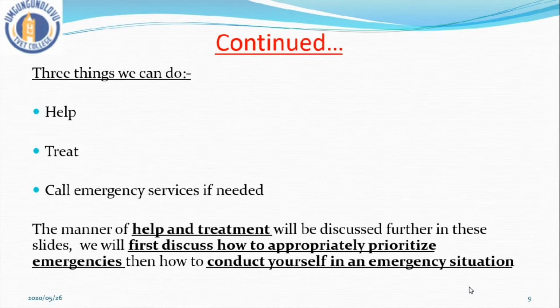The simple things are: help the injured person, treat, if necessary, the injured person. Also try and make them as comfortable as possible. You can call emergency services if needed. The manner of help and treatment will be discussed further in these slides. We will first discuss how to appropriately prioritize emergencies, then how to conduct yourself in an emergency situation.